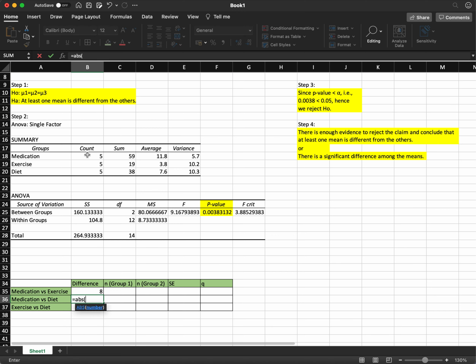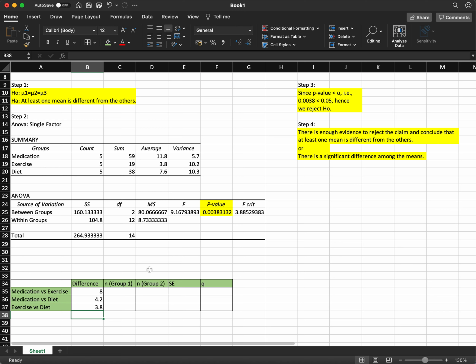Absolute difference of medication versus diet, and then the absolute difference of exercise minus diet there. Okay, so after that we're done with the difference.